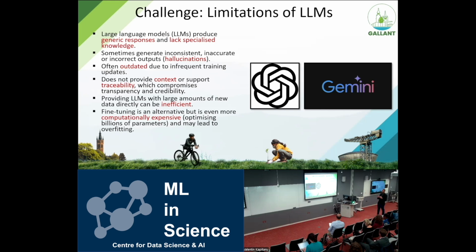And even when supporting these models with auxiliary data, they do struggle with integrating large amounts of new training data. One alternative is fine-tuning, but that's also computationally expensive, not to mention that it could lead to overfitting.